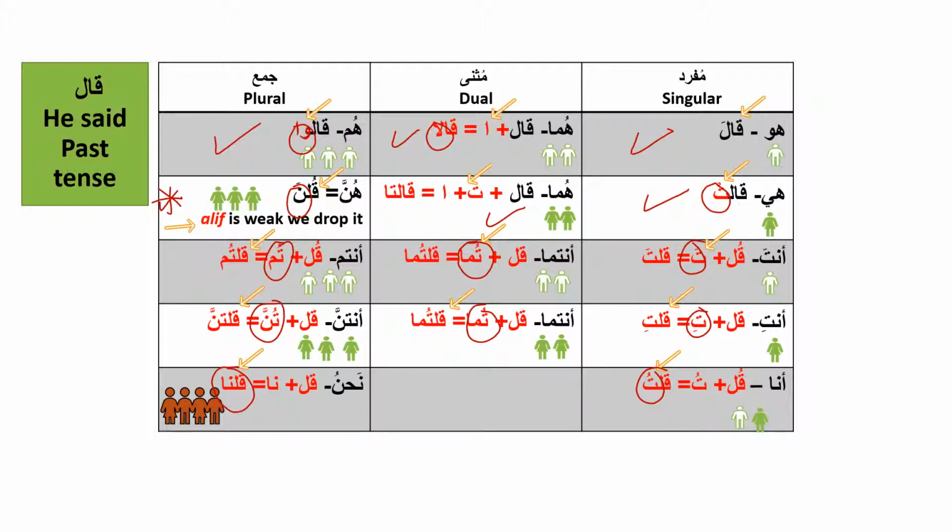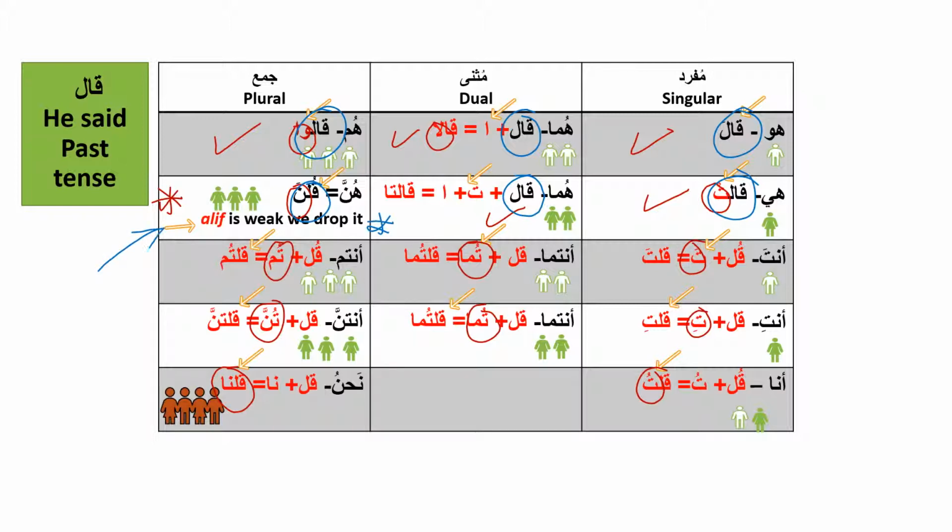This is in the past tense. So again, what happened in the past tense? We keep the verb as it is, and we add the suffixes we use for any past tense verb. So for قال, هما, هم, for she, هما dual male, هن group of females, up to here, everything is good.